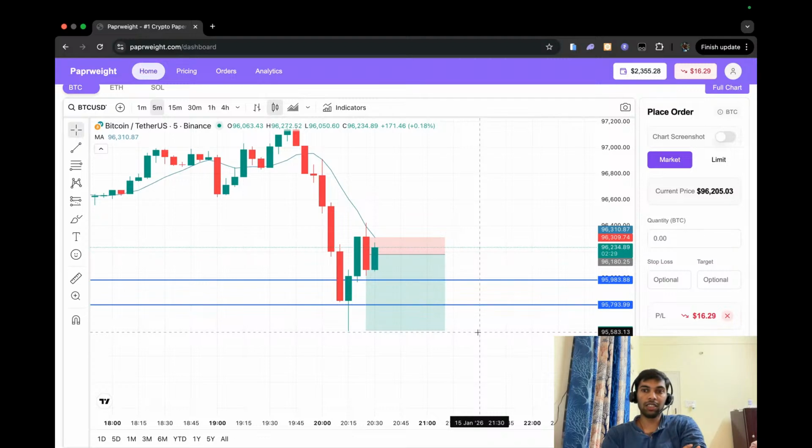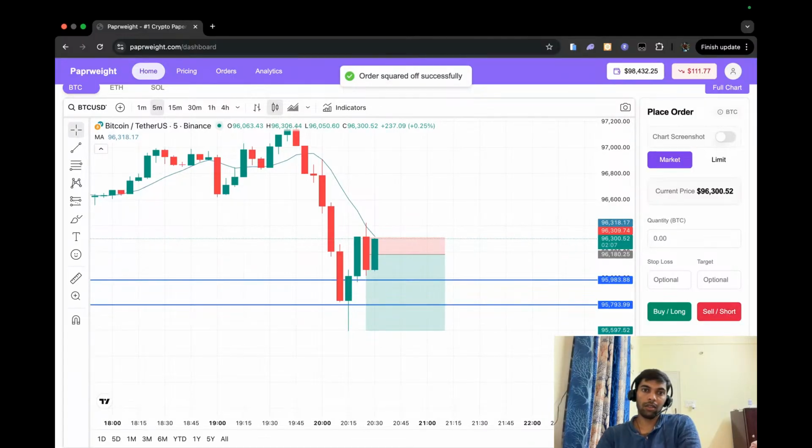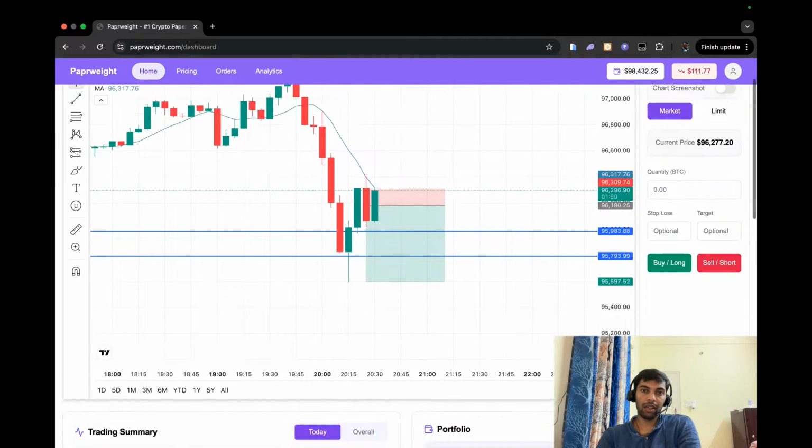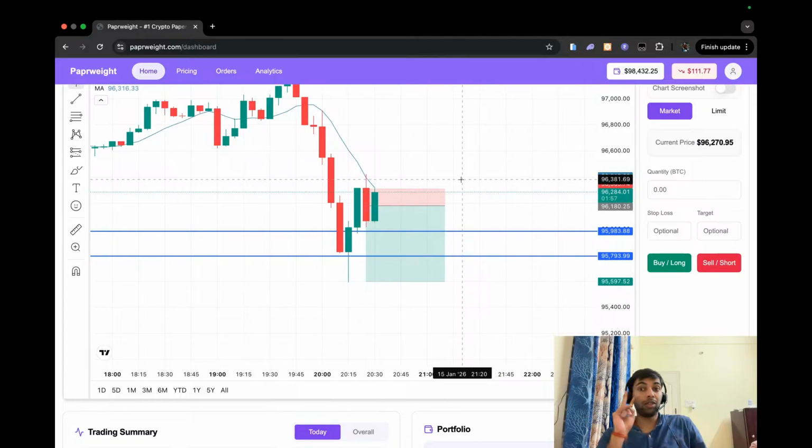So let me revise that my stop loss is 120 points, and my direction for the trade is downward. Okay, I accepted the loss at $111 again, and I've been trapped twice today.